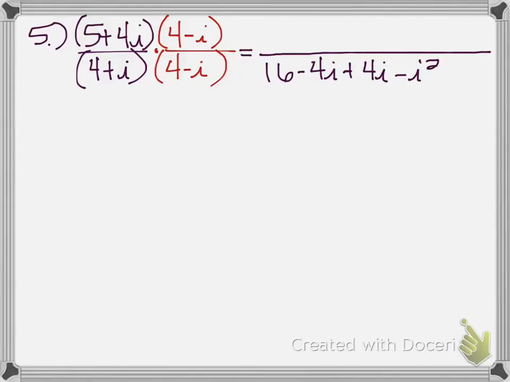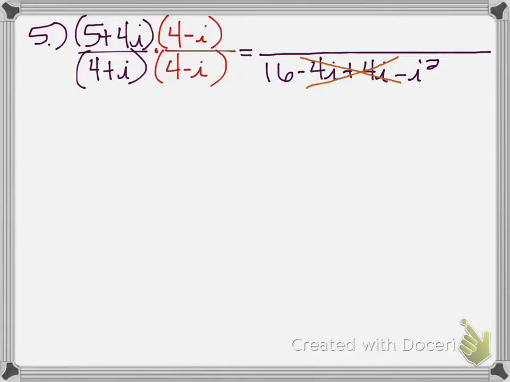The reason why we multiply by the conjugate is because then these terms cancel each other out. And I no longer have an i in the denominator because i squared is a number. We'll simplify that in a minute. So now i is no longer in my denominator. Had I multiplied by the same exact denominator, 4 plus i, my i's wouldn't have canceled. I still would have had an i because I would have had plus 4i plus 4i. So that's why we multiply by the conjugate.